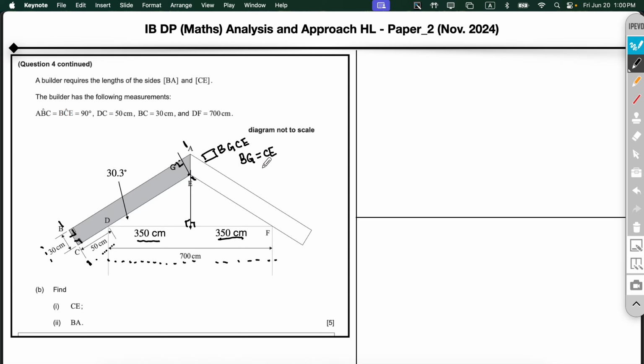So what we need to find is AG, to find the difference between BG and CE. So let's go ahead and see the solutions and discuss it.